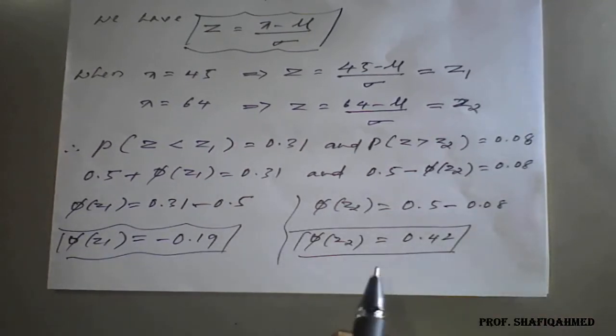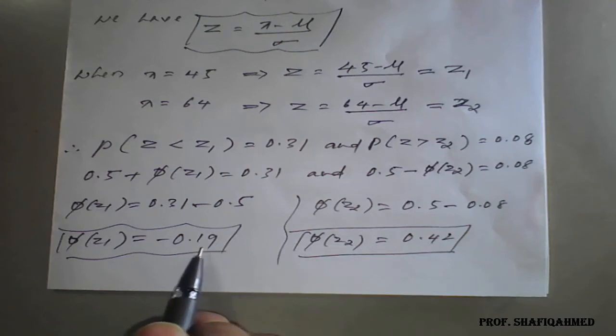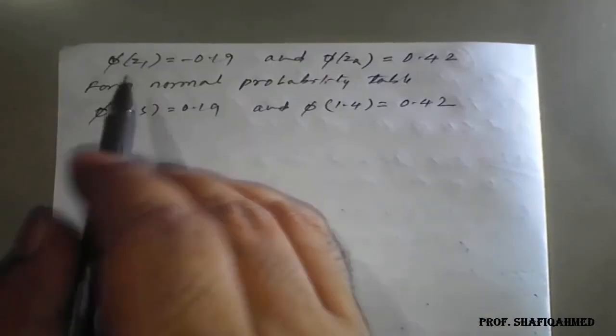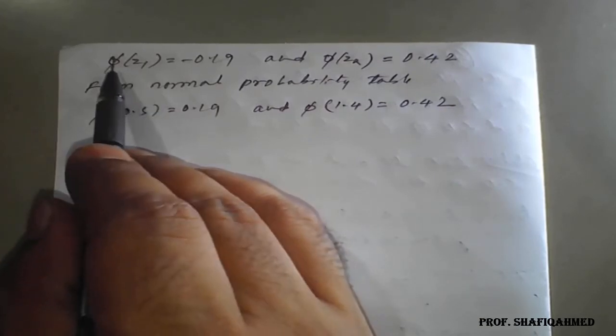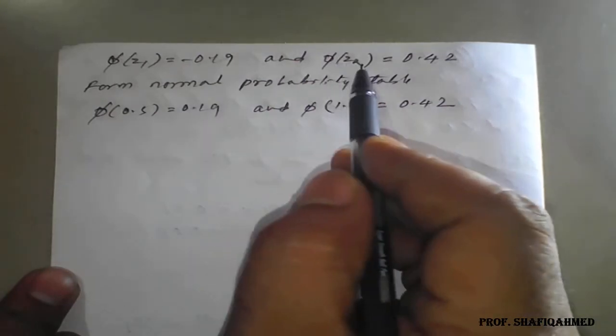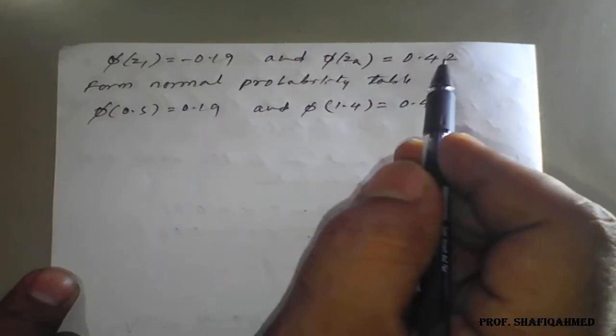So we got these two results. We need to check these two results in the table. Here I will just give the direct values from the table. So phi of Z1 is equal to minus 0.19, and phi of Z2 is 0.42.